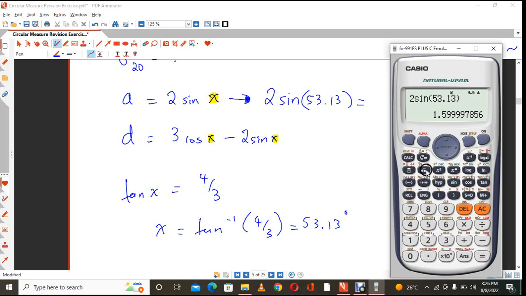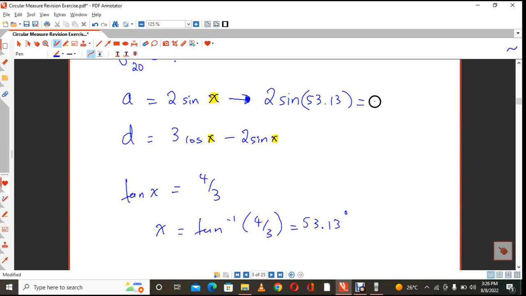I get about 1.599999, so it's about 1.6. Then I can also calculate this one here: 3 cos 53.13 minus 2 sine x.